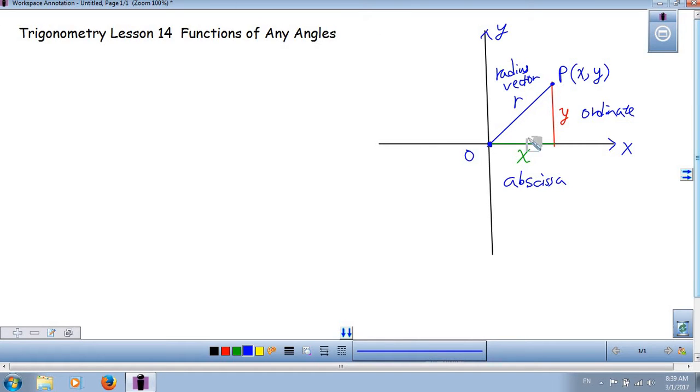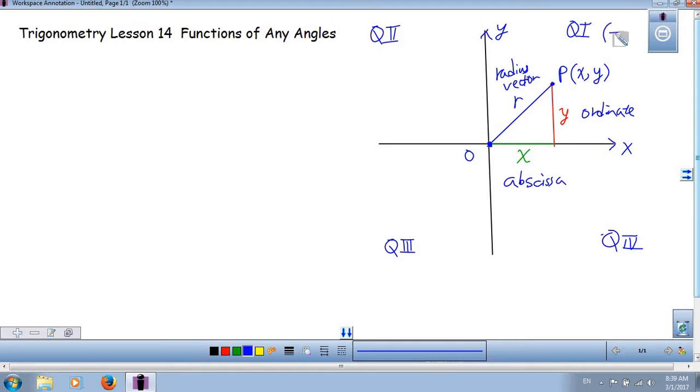All right. Now let's remember the quadrants. We have quadrant 1 here, quadrant 2, and as we go counterclockwise, down here we have quadrant 3, and then here we have quadrant 4. So as we go counterclockwise, we go through the 4 quadrants: 1, 2, 3, 4. The primary distinction between the 4 quadrants is the different signs for the abscissa and ordinate, the x and y values.